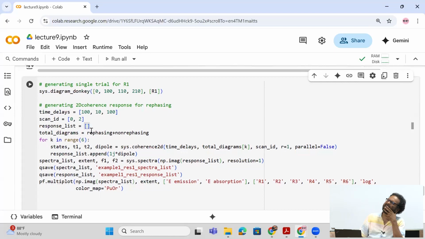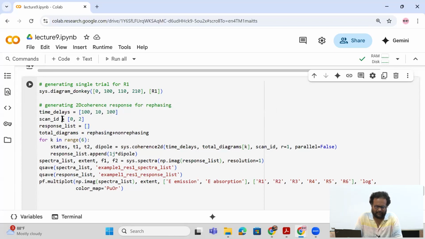Wait a minute. Is that the time delay? I forgot. Let me come back to you when I'll clarify on how to define the time delays properly. I'm getting confused now because there are different versions. I need to go back to the source code and check, but I'll come back to that. But for now, you can just use this. Sorry about that.